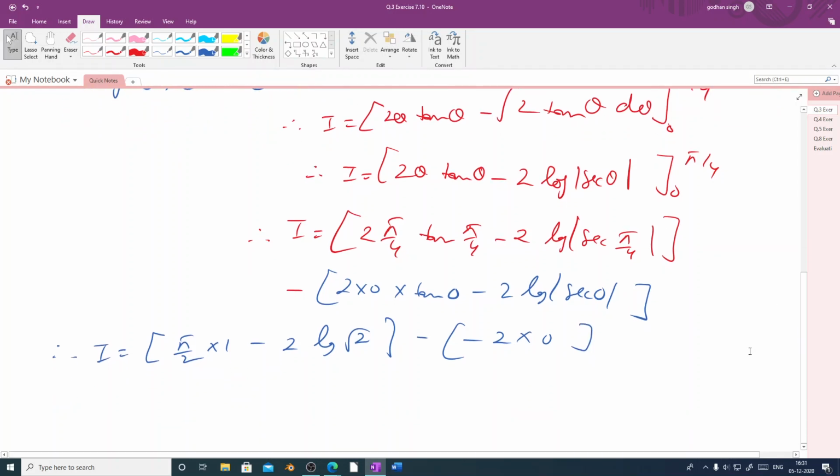Finally we'll be getting I equal to pi by 2 minus 2, and over 2 the exponent will be 1 by 2, so that 1 by 2 we can take out of the logarithmic function, so we get 2 into half log 2, so 2 and 2 cancel, equal to pi by 2 minus log 2. So this is the answer of question number 3.